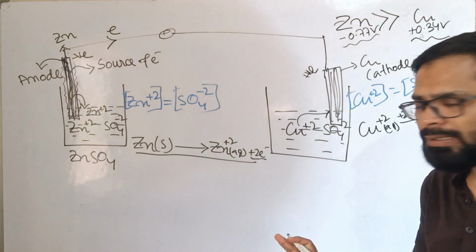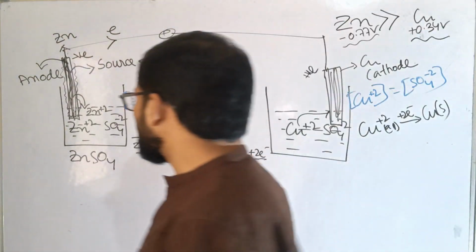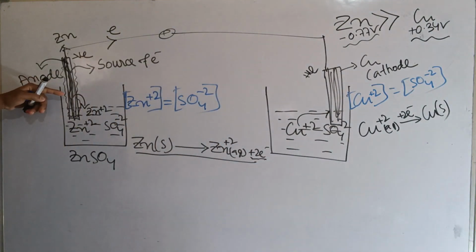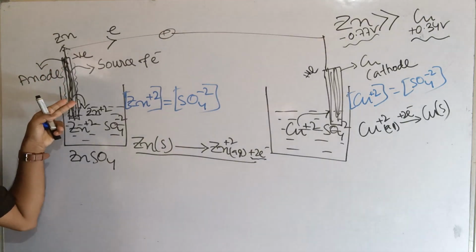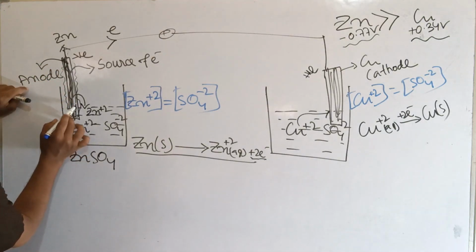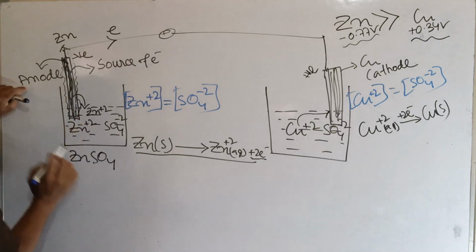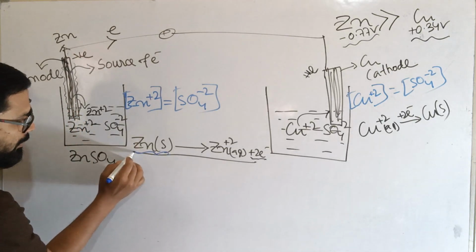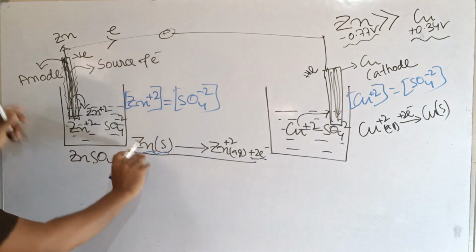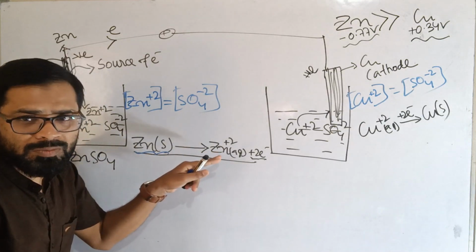But with time, we observe that from the electrode, the zinc metal, zinc atoms, are converted to Zn+2.